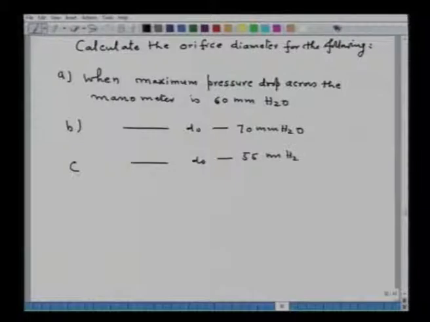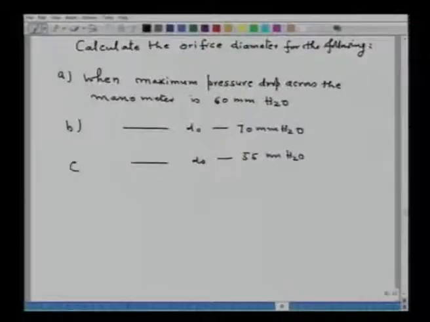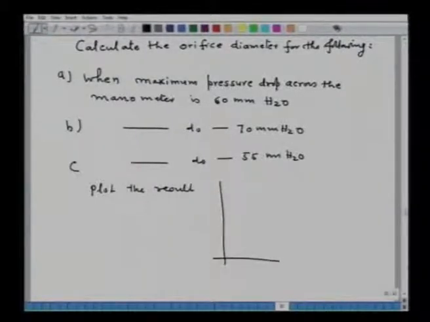The idea is to know how the pressure drop varies with the orifice diameter. I expect this to be sort of non-linear, and then I ask you to plot also. So plot the result, for example, take on the y axis the pressure drop, and here you take the orifice diameter.